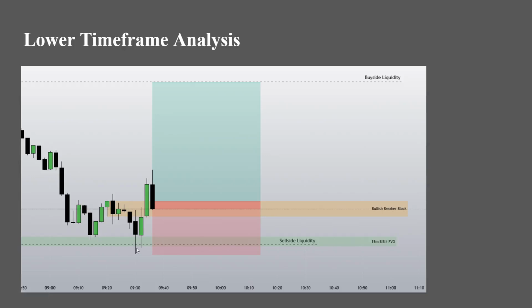Not the second one that makes a lower low, the initial swing low. And if you were to go short in this situation, you'd put it above the initial swing high, not the higher high, the initial swing high.